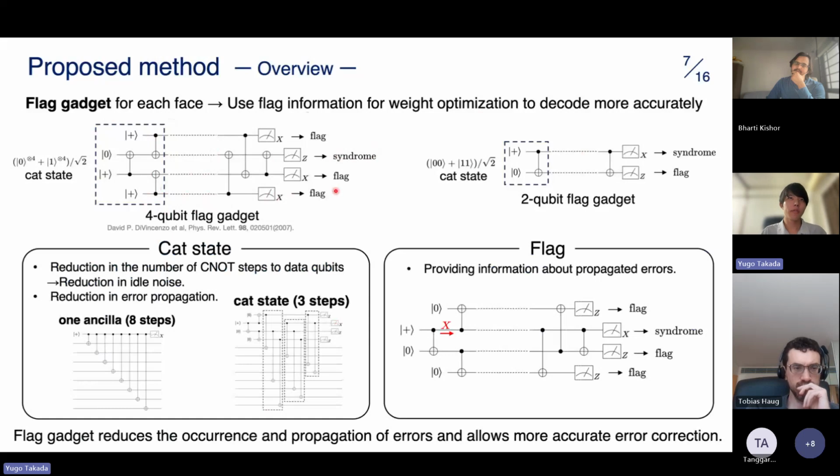To be specific about each part of this gadget, cat states reduce the number of sync steps to data qubits, resulting in a reduction in idle noise. Additionally, the decrease in error propagation paths leads to a reduction in error propagation.